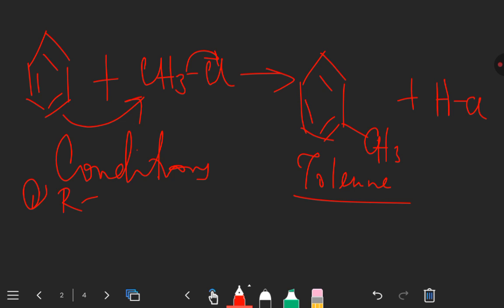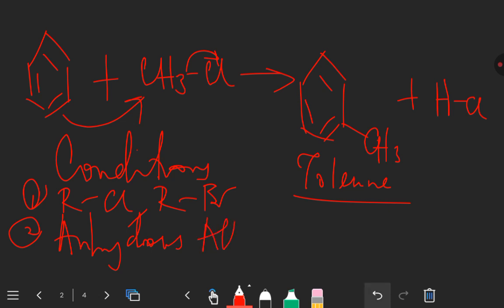So maybe an alkyl group attached to a chloride, or an alkyl group attached to a bromide, or something like that. Then the catalyst which must be present in this reaction is simply anhydrous aluminum chloride. So you must have anhydrous aluminum chloride.